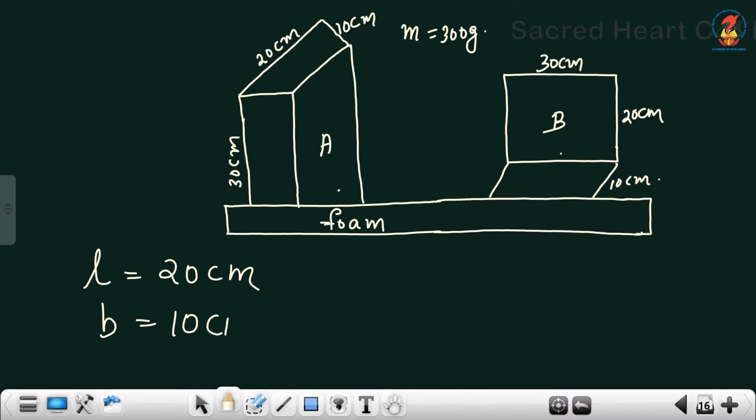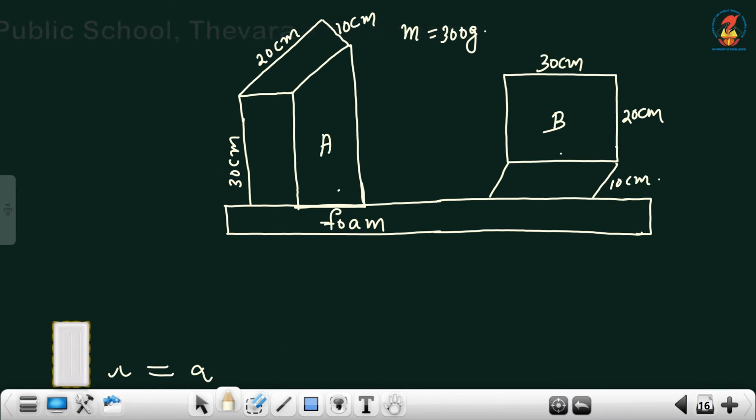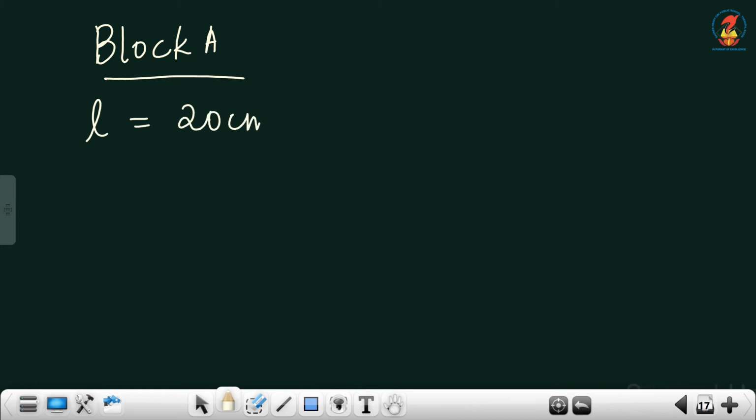The edges 20 centimeter and 10 centimeter are in contact with the foam. So, the area of block A which is in contact is 20 into 10. The dimensions in contact with the foam are 20 centimeter and 10 centimeter.